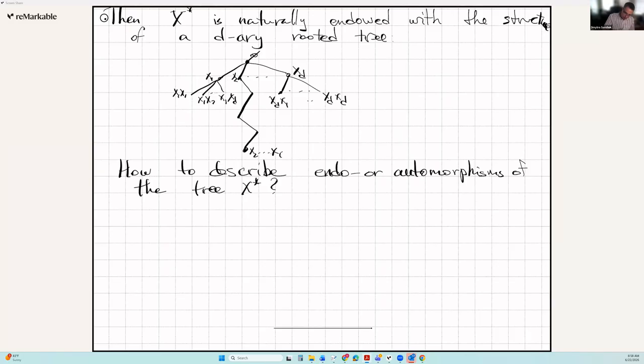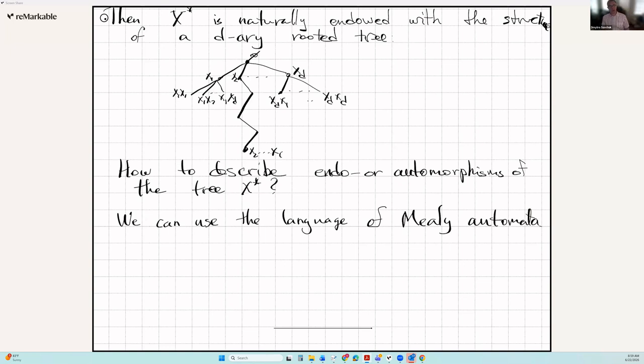Okay, so let's start with way one. We can use the language of Mealy automata. So what is it?